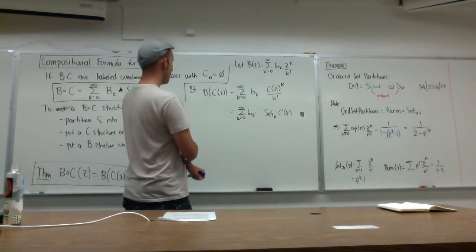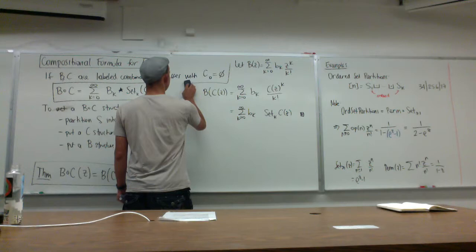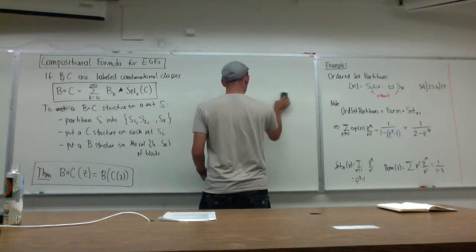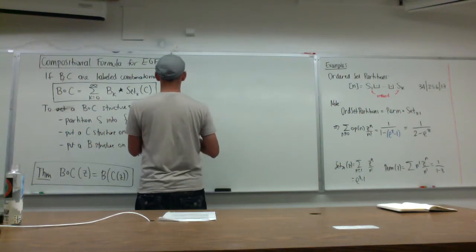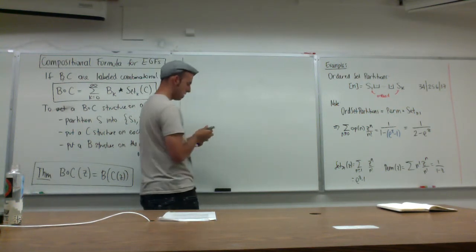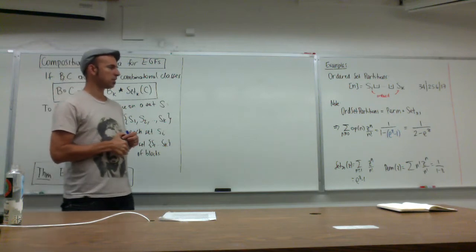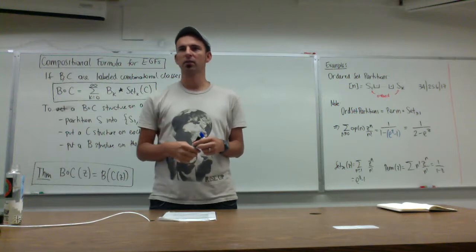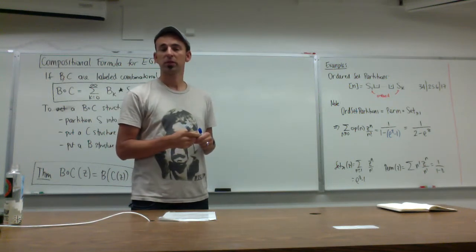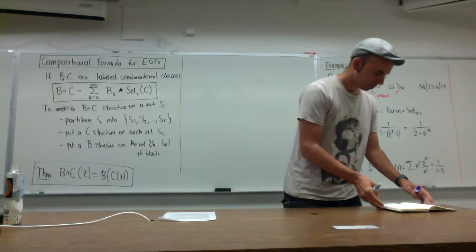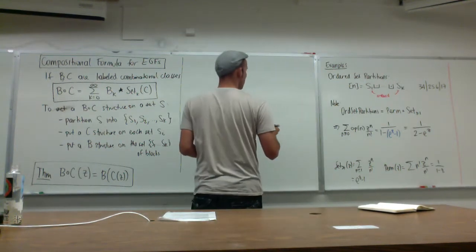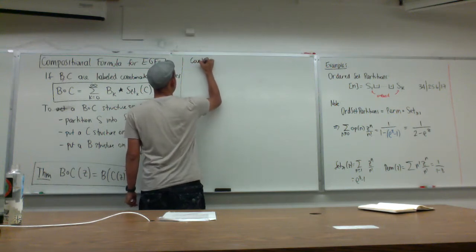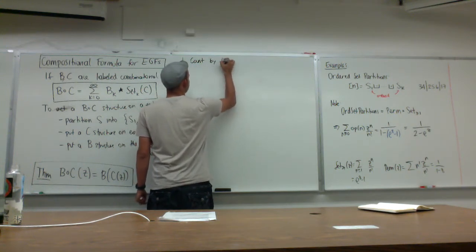Okay, now what if I want to count this in a finer way, by counting not only the number of ordered set partitions of n, but let's count them by their number of parts. So I want to count them by number of parts.